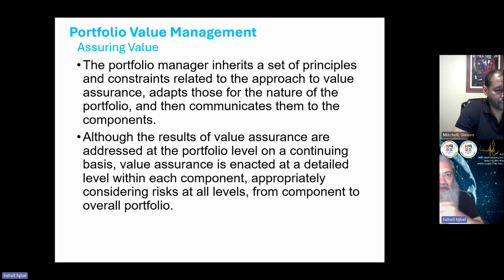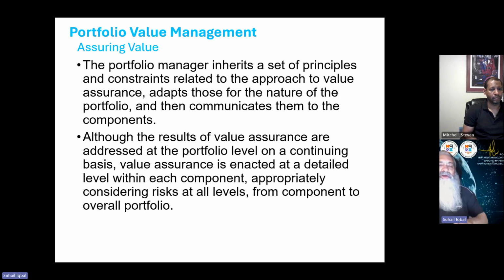Basically, the portfolio is keeping an eye on all its components. Their business cases are always under scrutiny. Whenever there is a problem, maybe it is coming from assuring value or from some other sector, but if there is a problem, the portfolio manager has the authority to terminate any of the components.